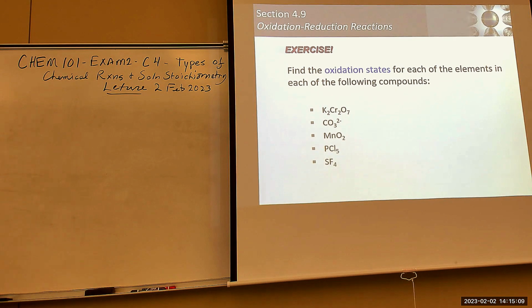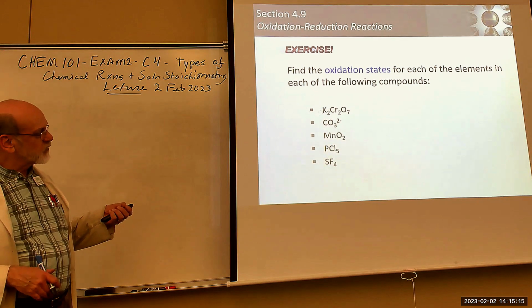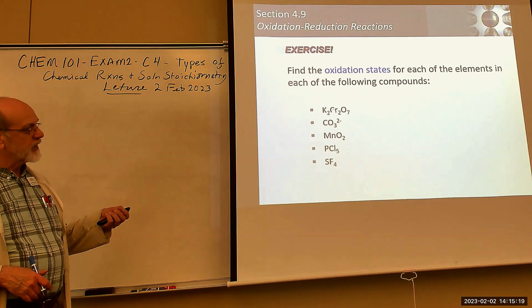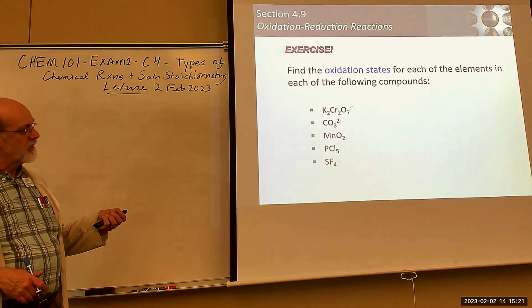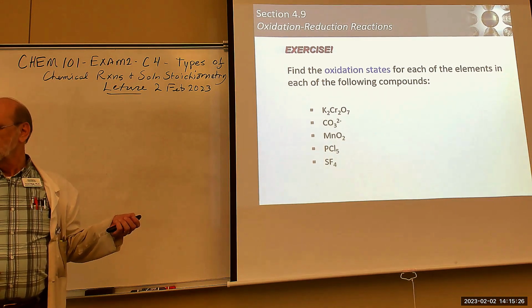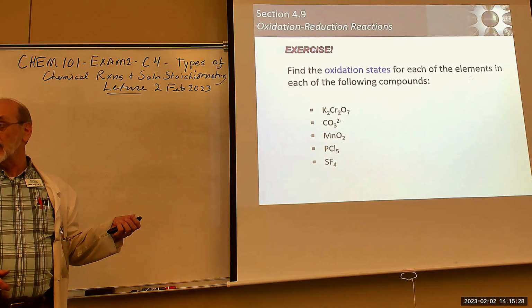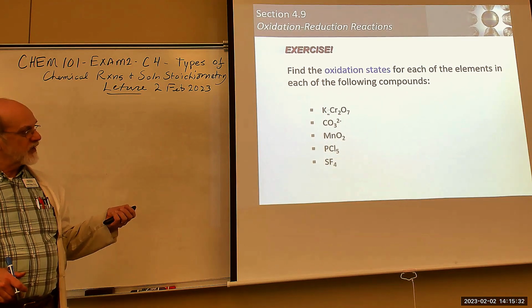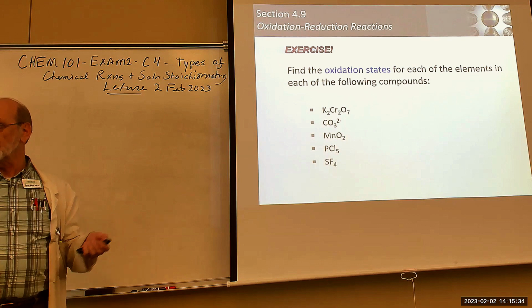Boron, aluminum, and gallium, they're always +3. So that means potassium is +1, oxygen's -2. So we say 2 times +1 is +2, and -2 times 7 is -14. And a +2, that means -12 is what we have to balance. So -12 is balanced by the +12, but there are 2 of them, so each one is +6.